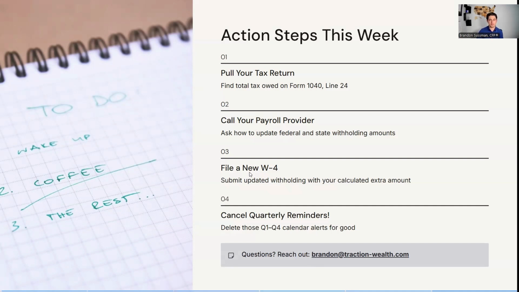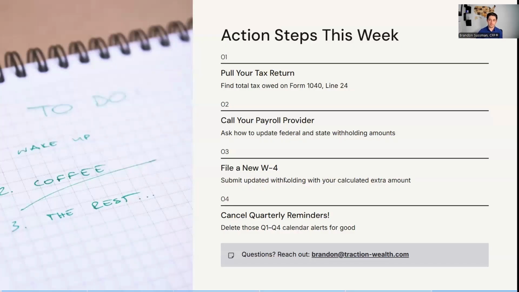And then some payroll providers have you file a new W-4, which is where you put in what you actually want withheld. So it's a nice easy way where you just fill out this form and say, I want an extra $1,000 withheld, and you give it to the payroll provider and they do everything for you. Or you may need to actually just go in and manually make the adjustments. It just depends on if you have a bookkeeper or how hands-on you are with your payroll.